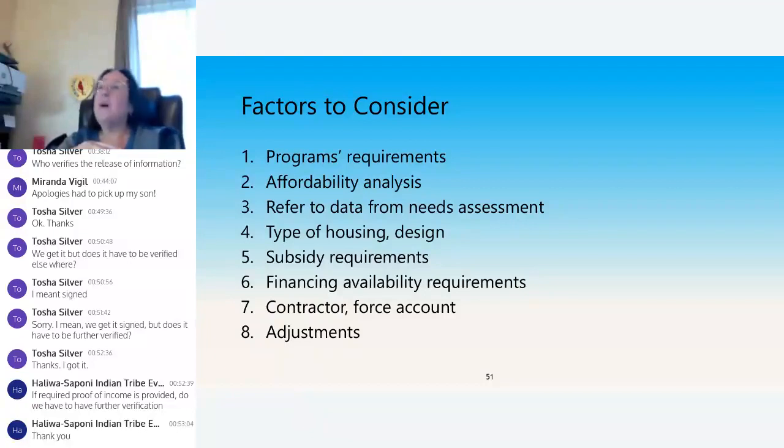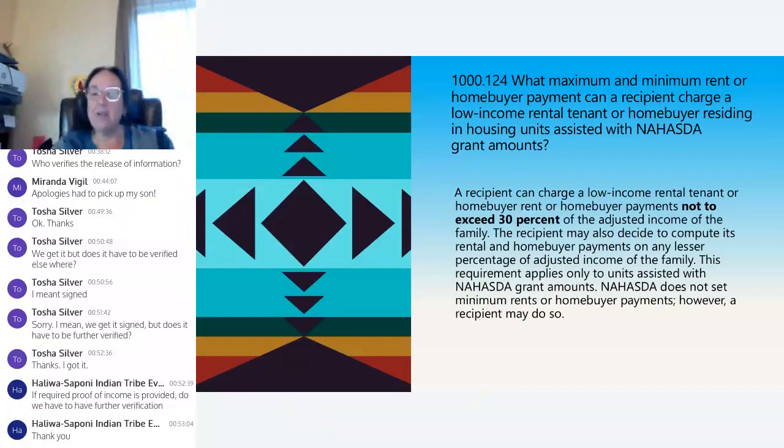The type of housing, the design, the subsidy requirements, the financing available, those requirements, your contractor, if you're going to use force account, different adjustments. So there's lots of things that factor into how much that house or that apartment or whatever is going to cost to maintain and to run.